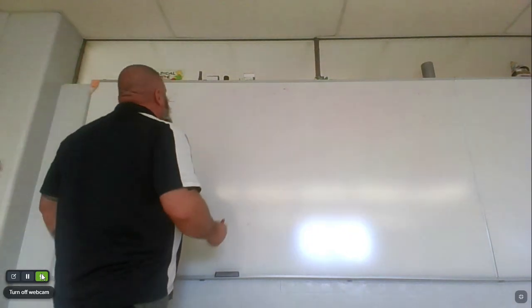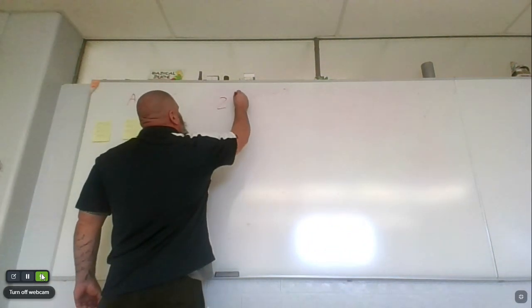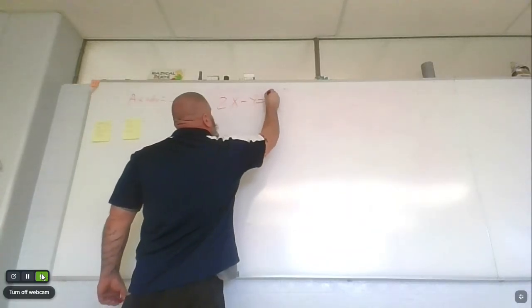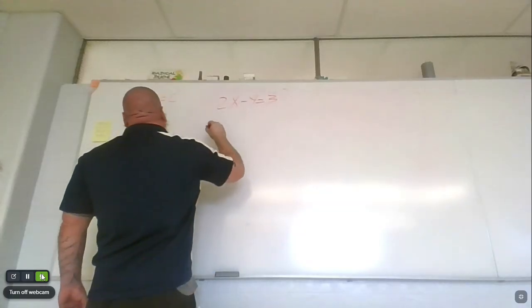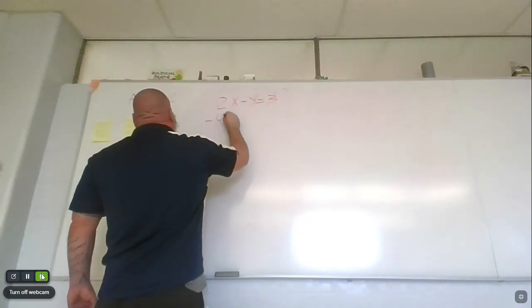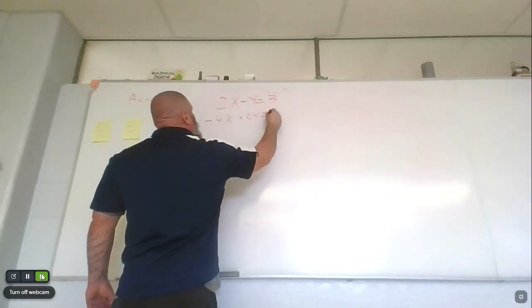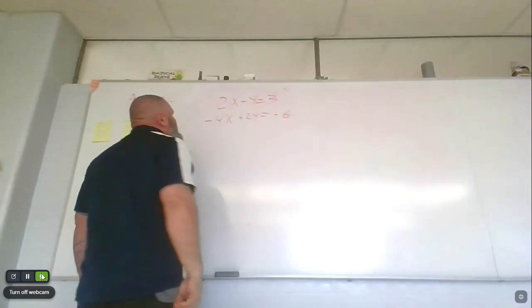Now let's take a look at one more. We'll land this plane, get out of here. 2x minus y equals 3. Negative 4x plus 2y equals negative 6.